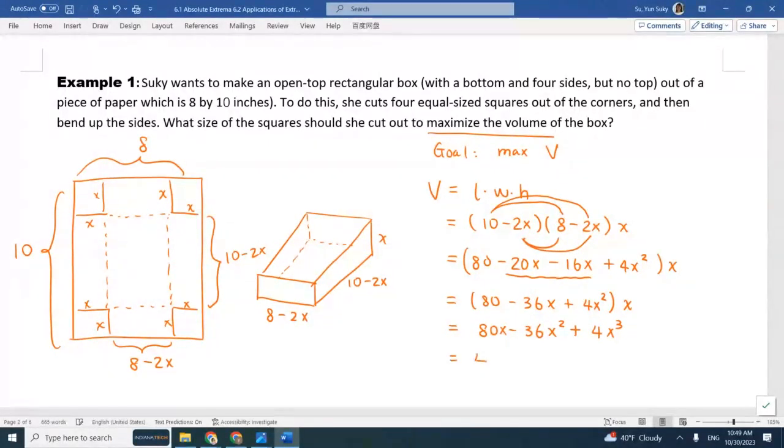Usually we like to see the highest power go first, then the lower powers. So this is the volume, and it's a function of x. We want to maximize it, so we want to take the derivative of this.